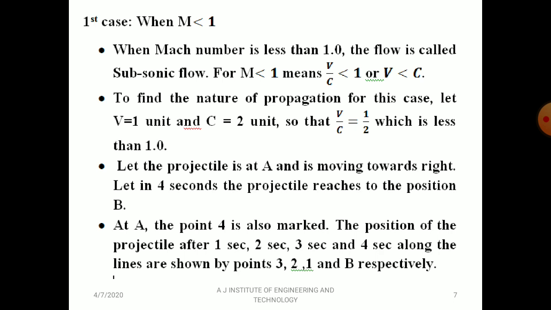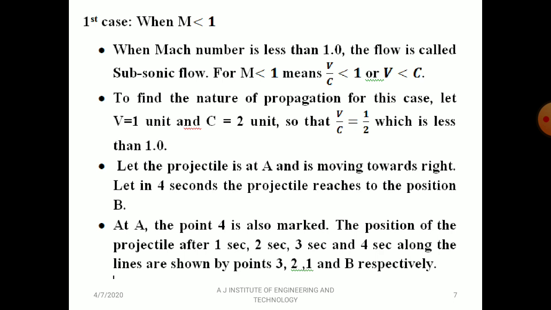First case, when the Mach number is less than 1. When the Mach number is less than 1.0, the flow is called subsonic flow. From the definition of M, that is equal to v by c, the v value should be less than the c value. That means v by c is less than 1, or v should be less than c.